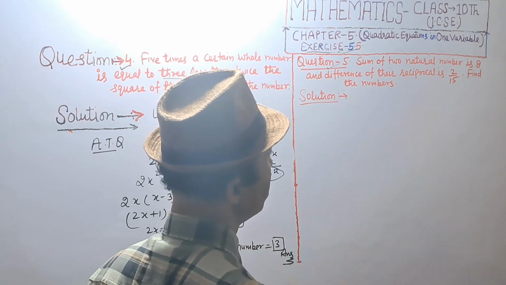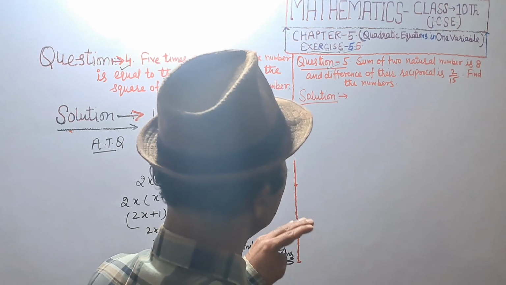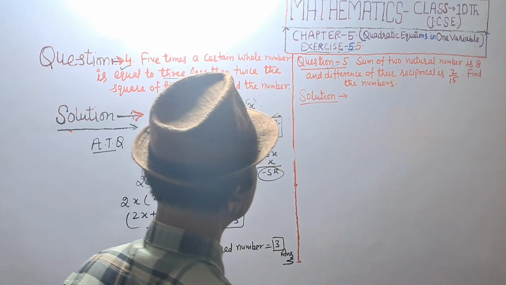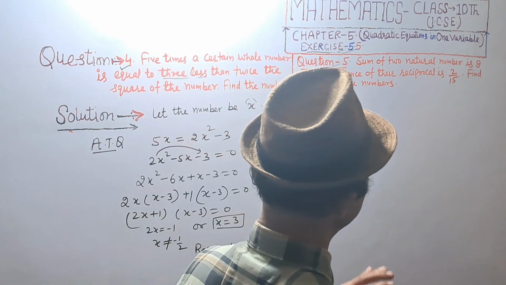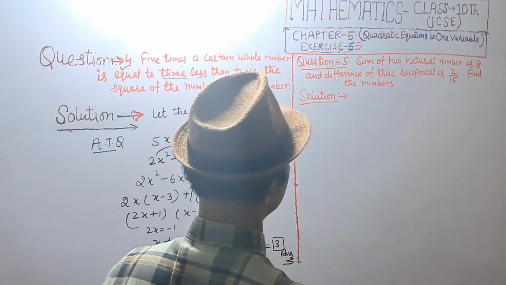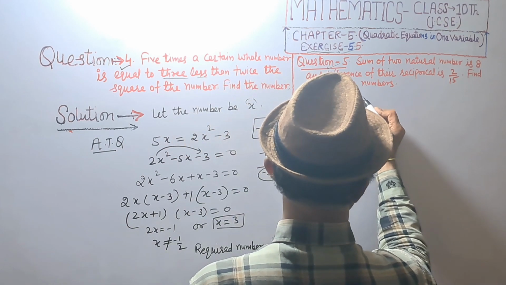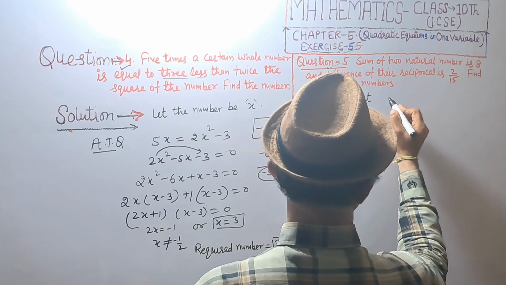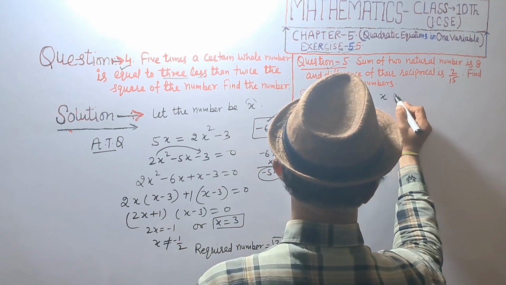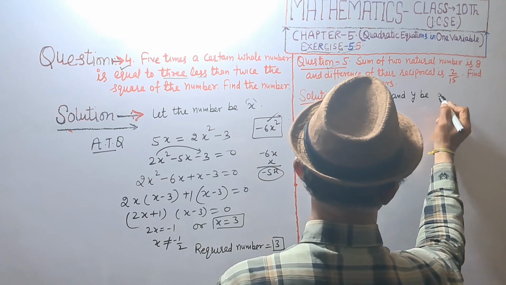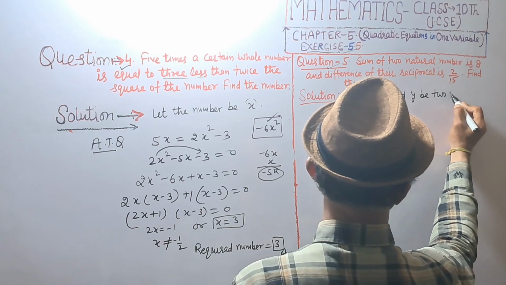Question number 5. Sum of two natural numbers is 8 and the difference of their reciprocals is 2 upon 15. Find the numbers. Let x and y be two numbers.